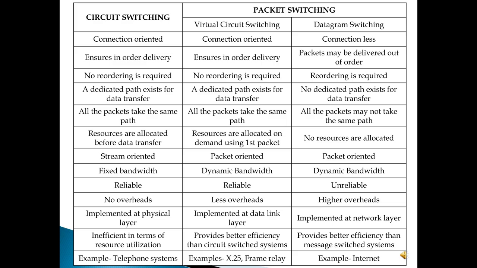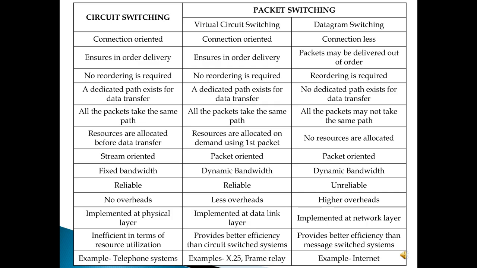Now, when we talk about packet switching, it has two different types: one is virtual circuit switching, another is datagram switching. Virtual circuit switching is connection oriented. It ensures in-order delivery. No reordering is required. A dedicated path exists for data transfer. All the packets take the same path. Resources are allocated on demand using the first packet.